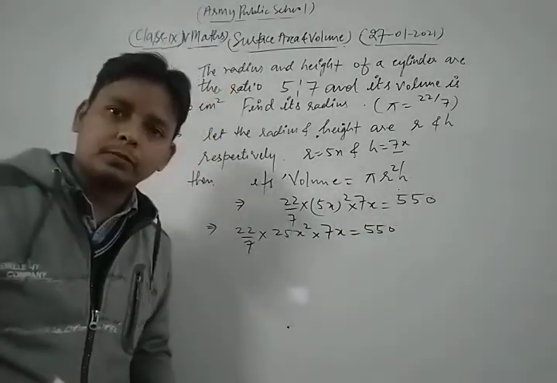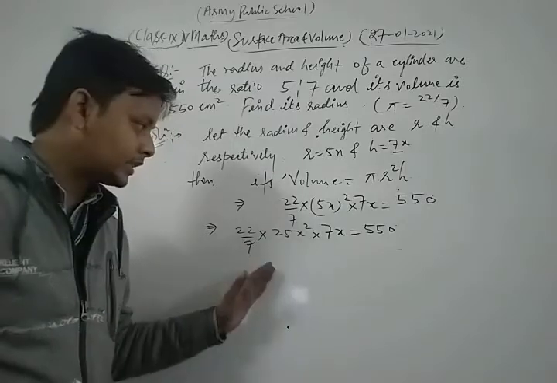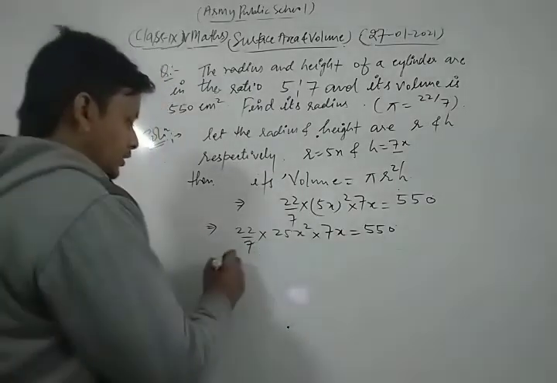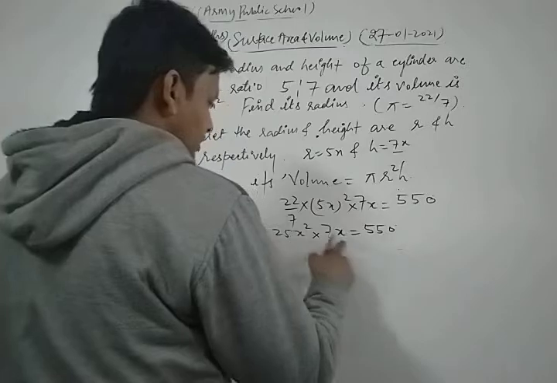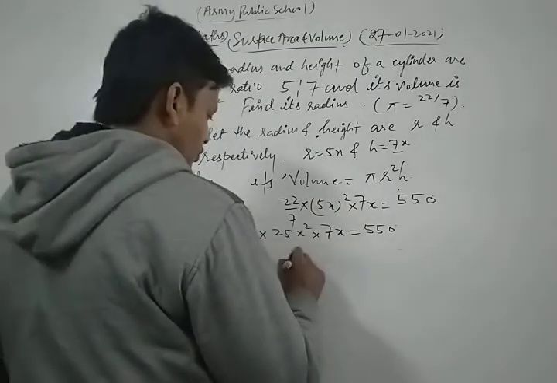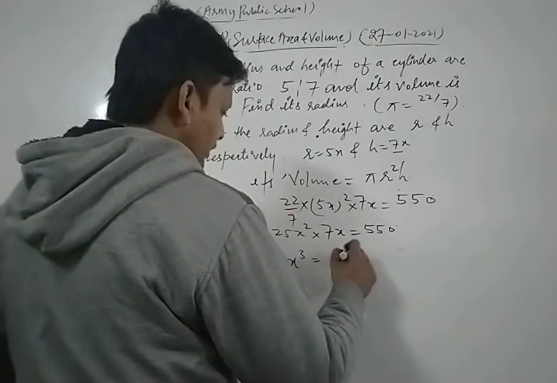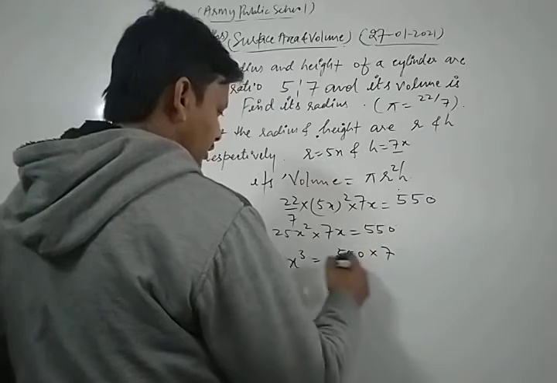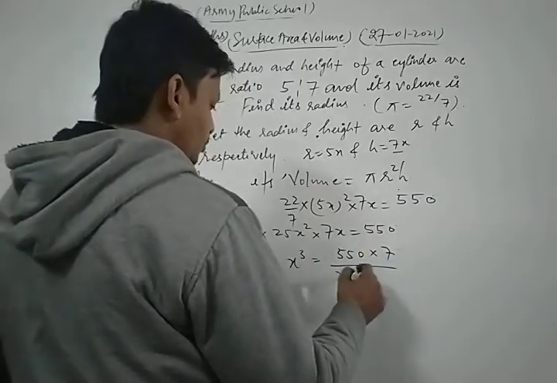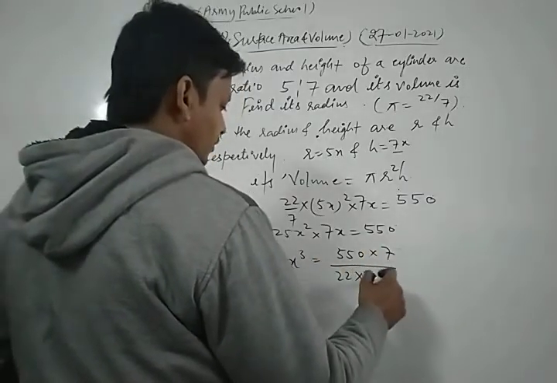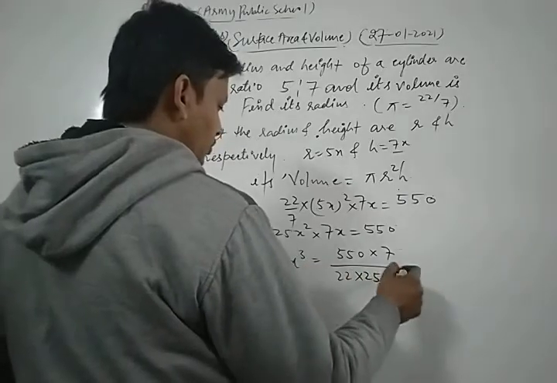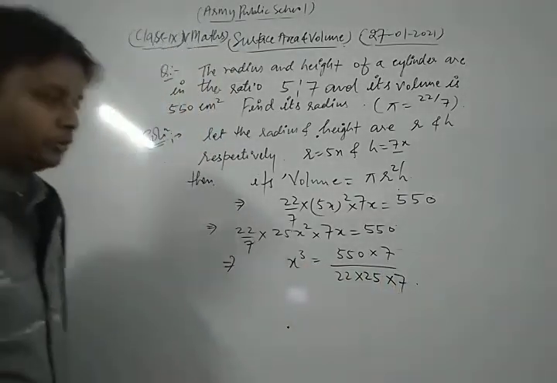Okay dear students, now we just solve them. So x square into x, that is x cube, is equal to 550 into 7 divided by 22 into 25 into 7.